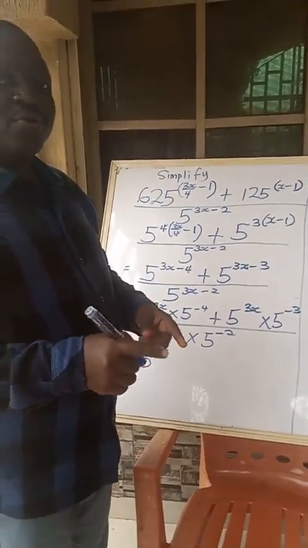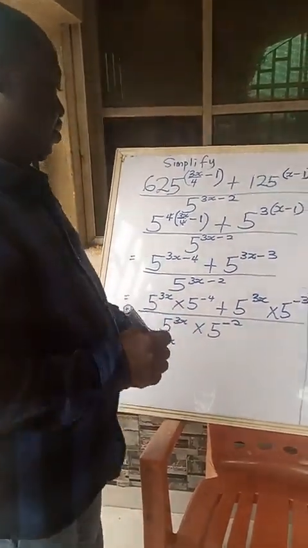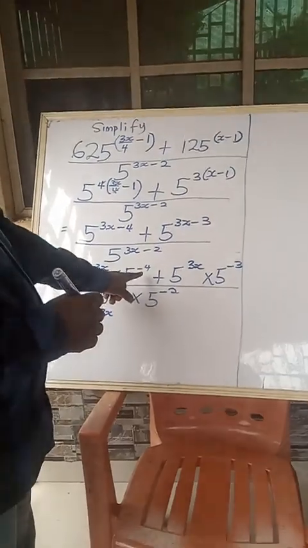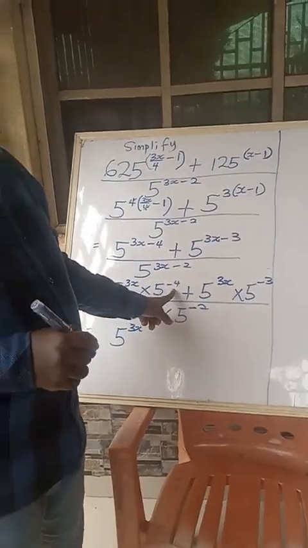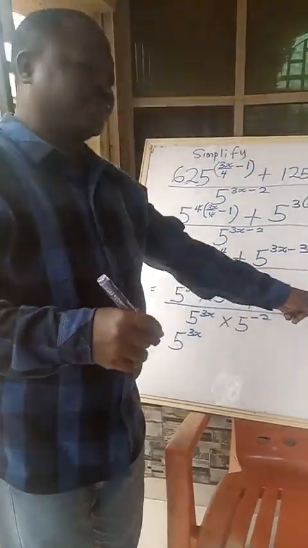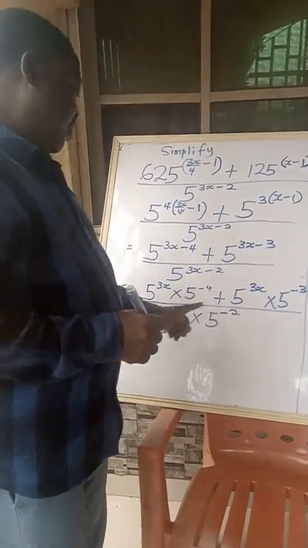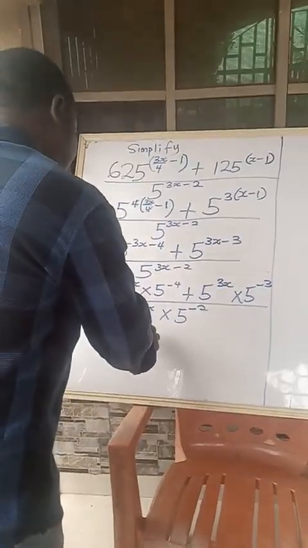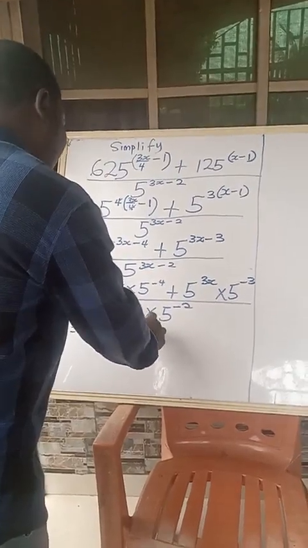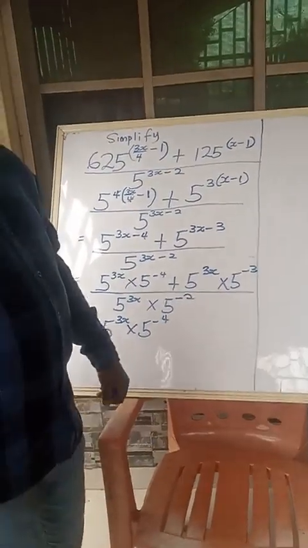So the one with the lower power here is 5 raised to power minus 4. Don't forget, minus 3 in mathematics is bigger than minus 4. So 5 raised to power minus 4 here is another highest common factor.